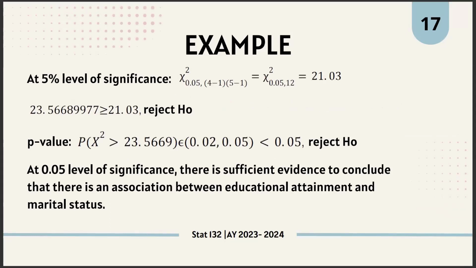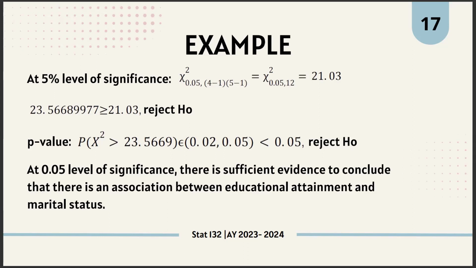So again, we use the chi-square for our significance test. Looking back on our table, the chi-square at 0.05, with 4 minus 1 times 5 minus 1 degrees of freedom, or chi-square 0.05, 12, is equal to 21.03. And our calculated chi-square is 23.566899977, which is greater than or equal to 21.03.